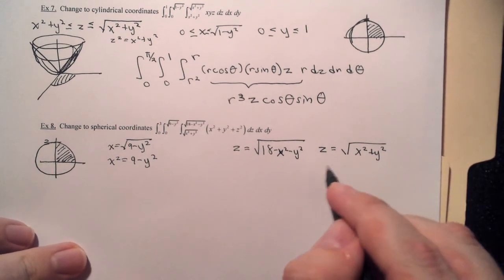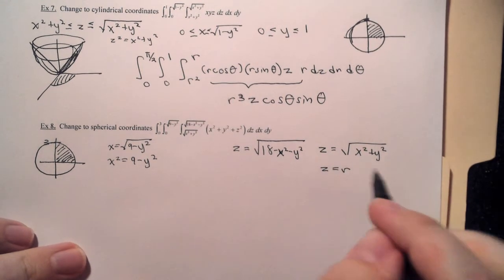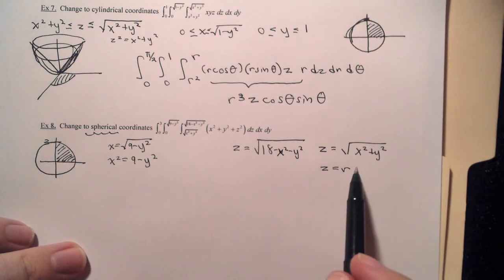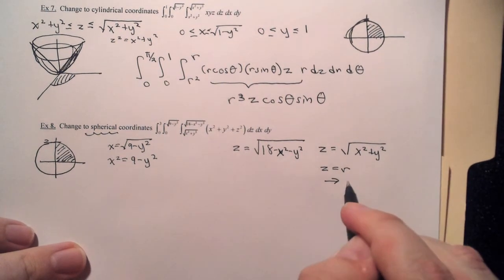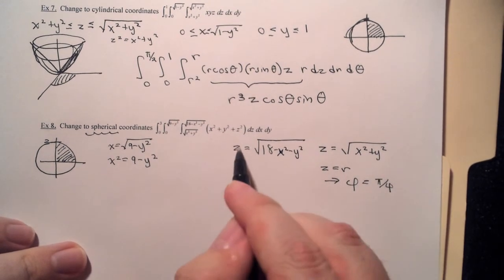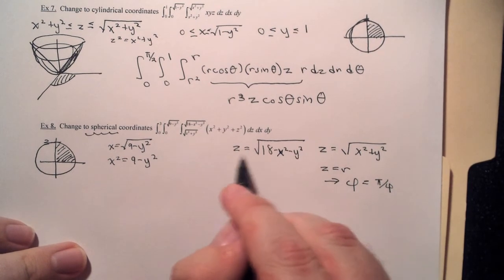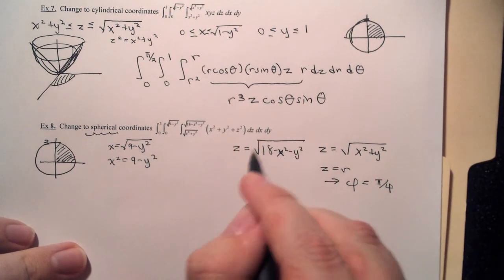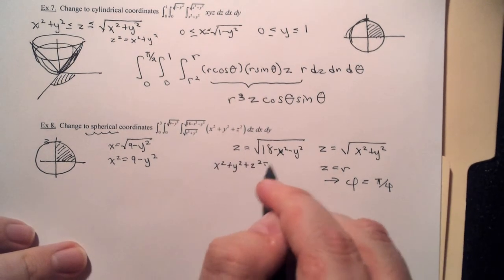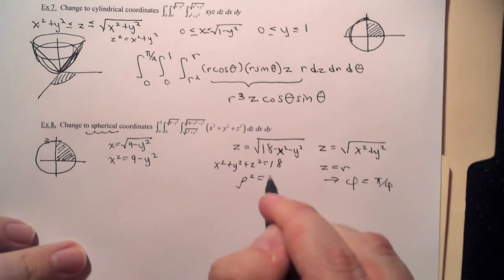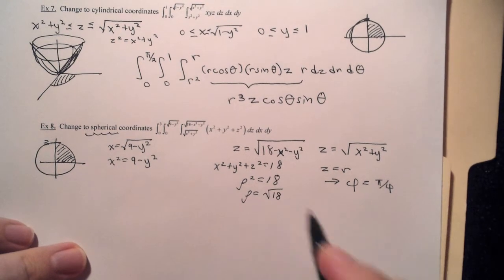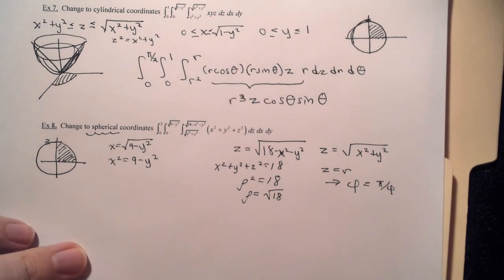This would mean that z equals r, which helps us with spherical coordinates because we know this is describing a cone where phi is pi over 4. Right here, if I square z and square this, I will get z squared is equal to 18 minus x squared minus y squared. I can rearrange that a bit and say x squared plus y squared plus z squared equals 18. In other words, rho squared is equal to 18, or rho is the square root of 18, which we could rewrite as 3 square root 2.